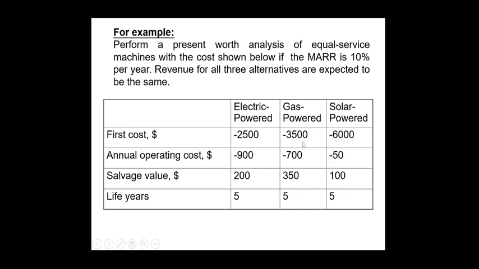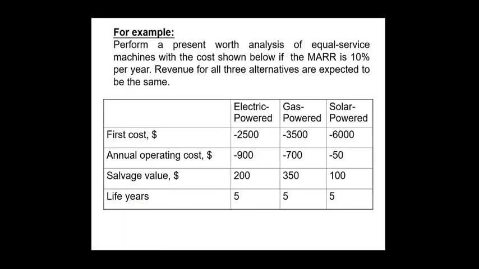Because in this problem, the revenue for all three alternatives is the same, and the cash flows only include the cost, the first cost and operating cost.